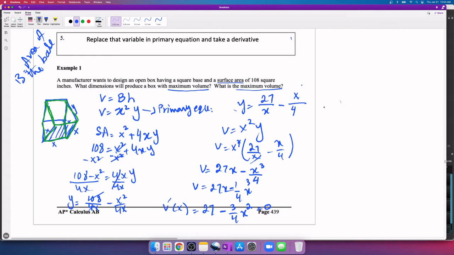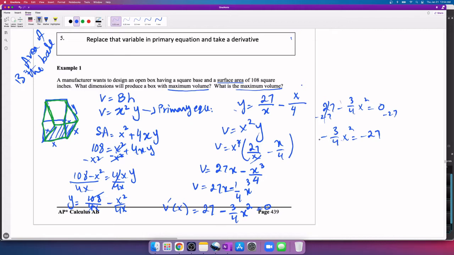So I am getting 27 minus 3/4 x squared. I want to write it one more time, equals 0. Subtract 27 from both sides. So I'm getting negative 3/4 x squared equals negative 27. Now, make sure that 3/4 is multiplying.